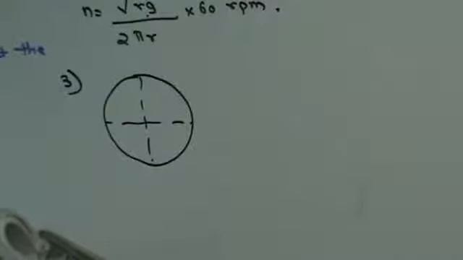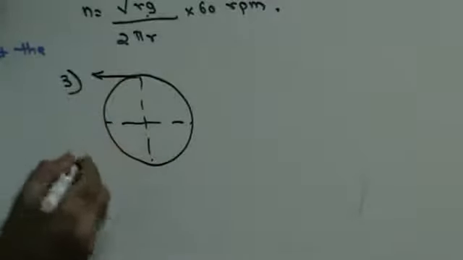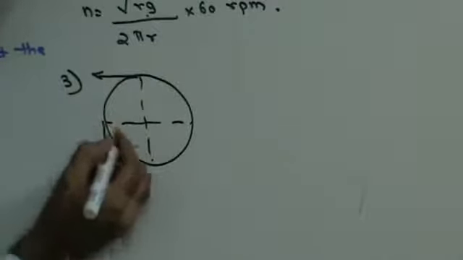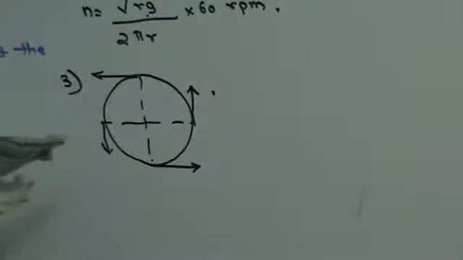When the stone is at the top of the circle, its velocity is 5 meters per second.